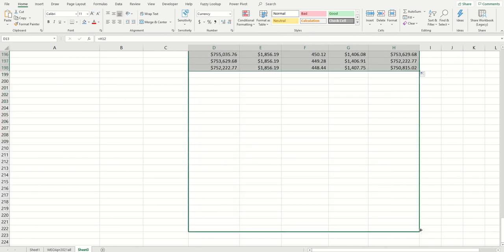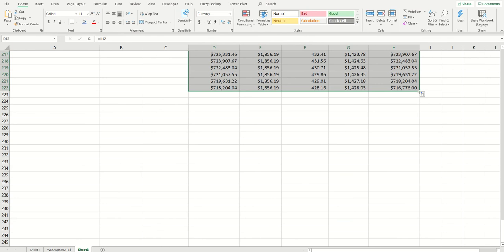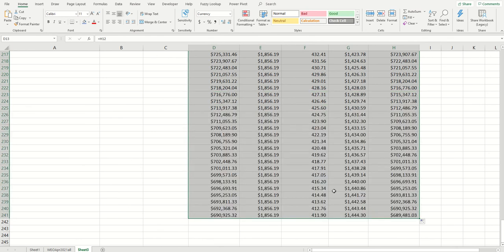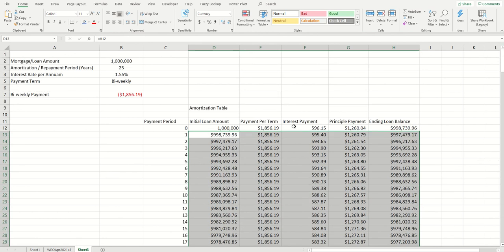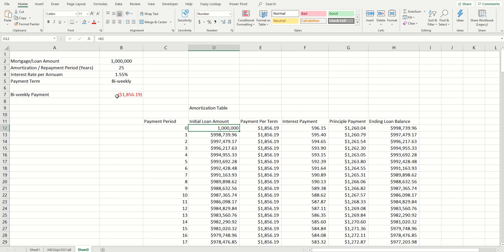Wow, this is not really reducing. How many bi-weeks are there? Something is wrong here. Let me see what's wrong here. Oh.